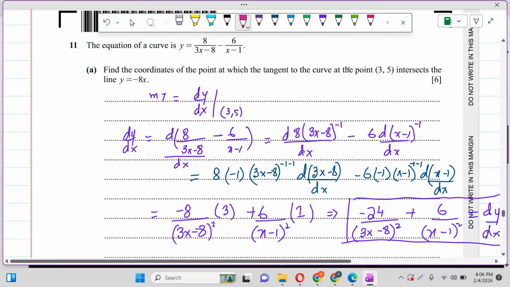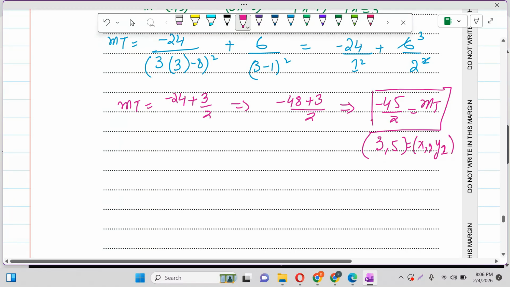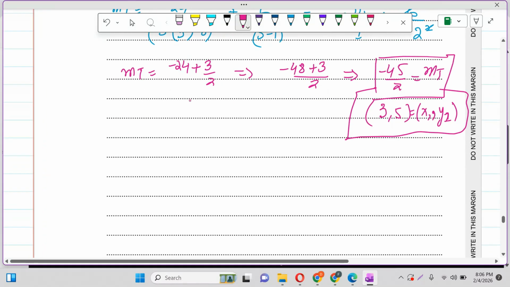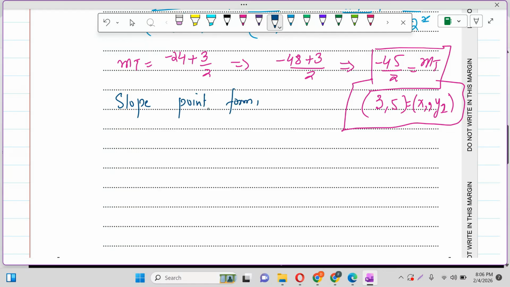We have the point (3, 5), which is x1 and y1. So we have the point and we have the slope, so we can use the slope-point form to find the equation of the tangent: y - y1 = slope times (x - x1). So y - 5 = -45/2 times (x - 3).